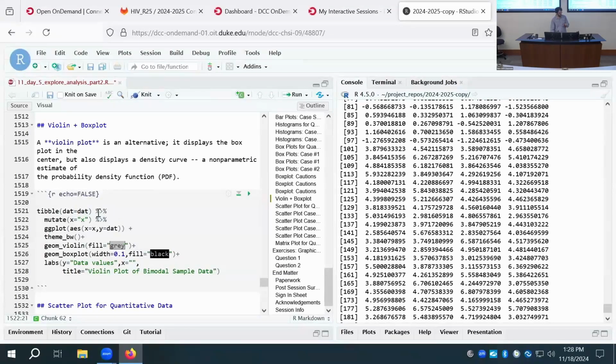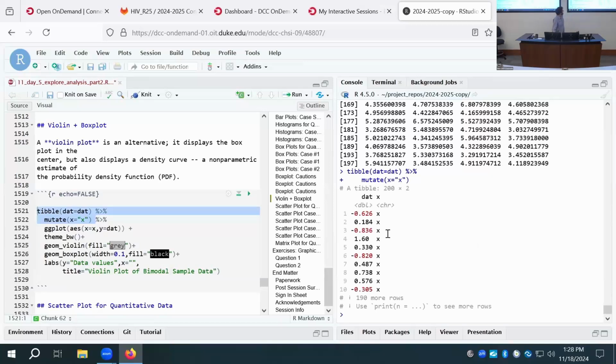I'm going to make it into a tibble so I can pass it to ggplot. I'm going to say aes, x equals x, y is that. So I'm giving it a fake x variable here to use, which I don't think we actually need, based on some of the earlier examples.